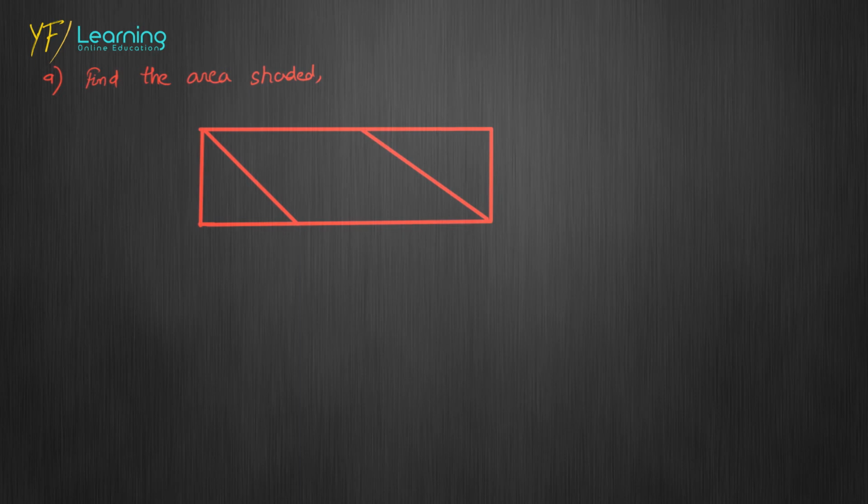So there are two triangles in this figure, triangle 1 and triangle 2, in this rectangle.